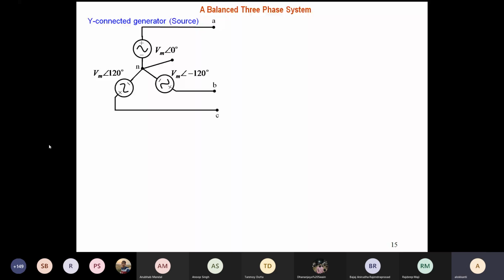But before that, as soon as you have a generator, you know where the phasors are. Here I have not explicitly given the phase sequence, but I have given the voltages: A is Vm angle 0, B is Vm angle minus 120, C is Vm angle plus 120. So you know how the phasors are. Can you see the phasors?